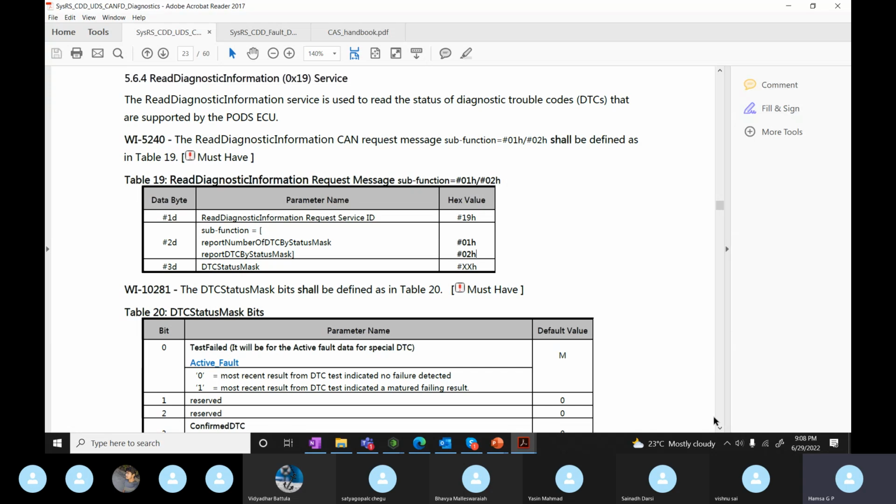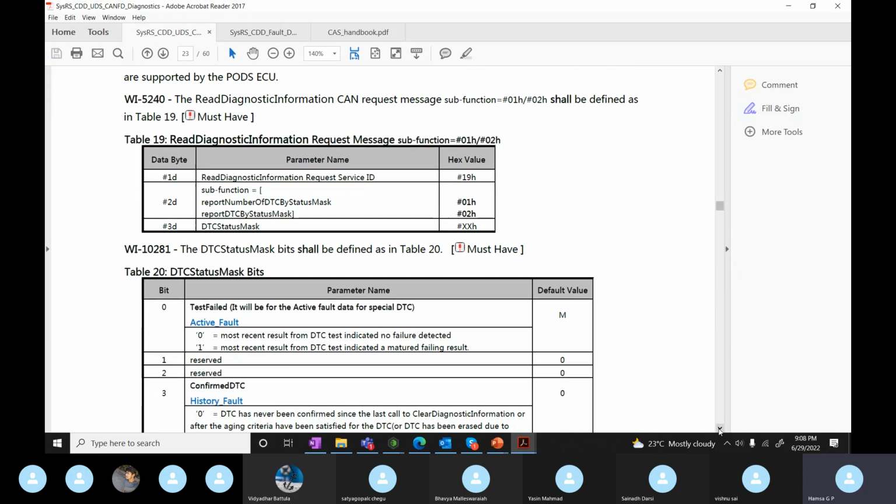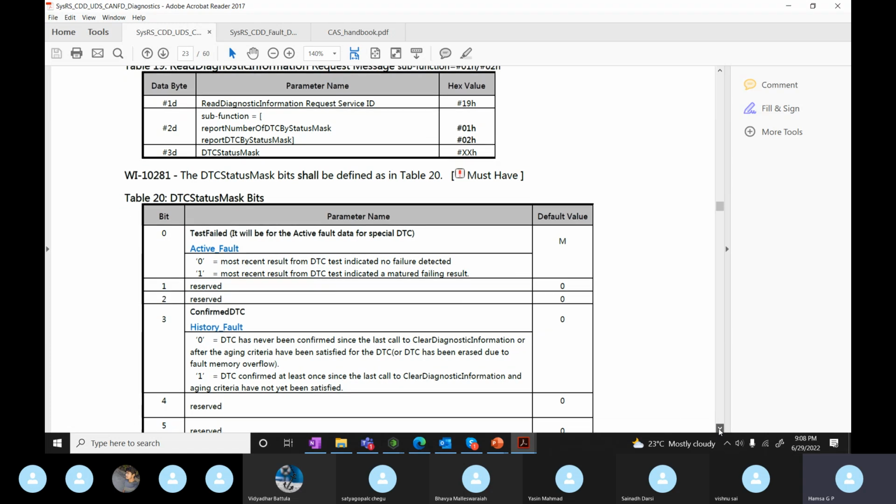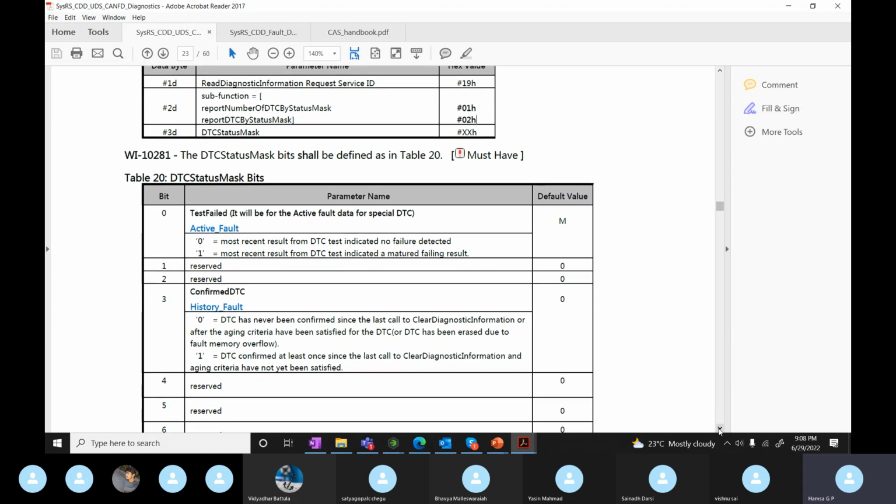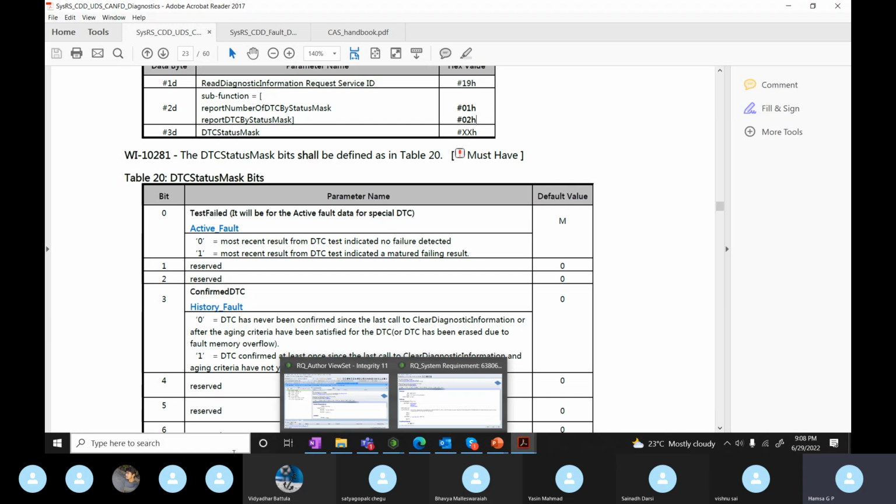What is the meaning of the DTC status mask or DTC status byte? As the name suggests, DTC we already know is a diagnostic trouble code. Status is the state of that particular fault, which will be identified in the status byte. So let me go here.